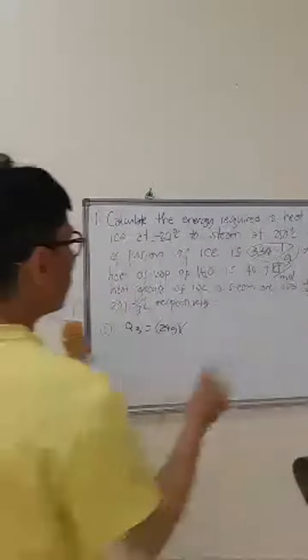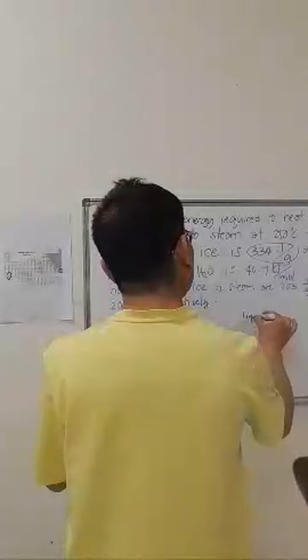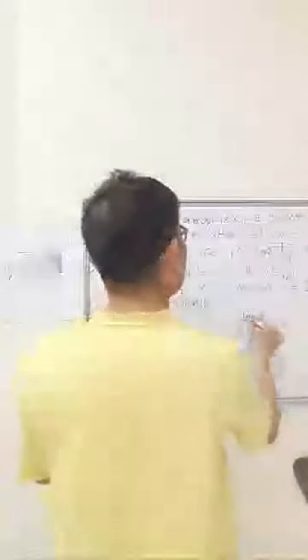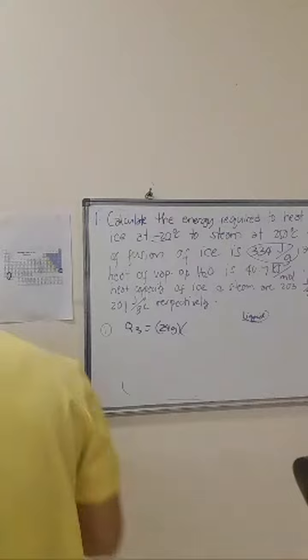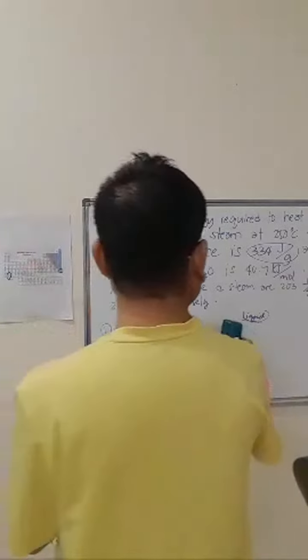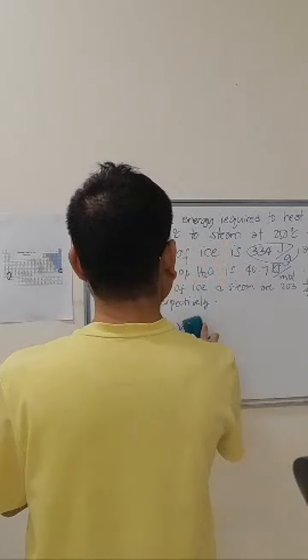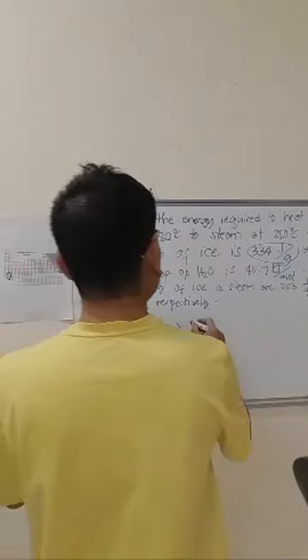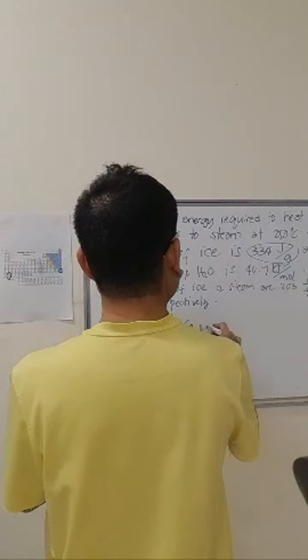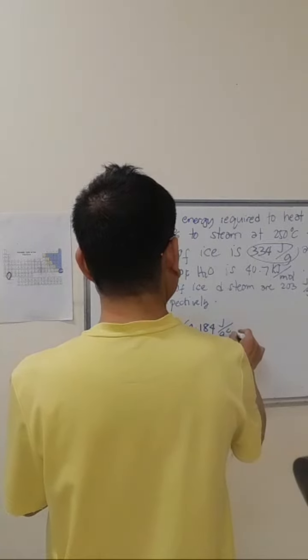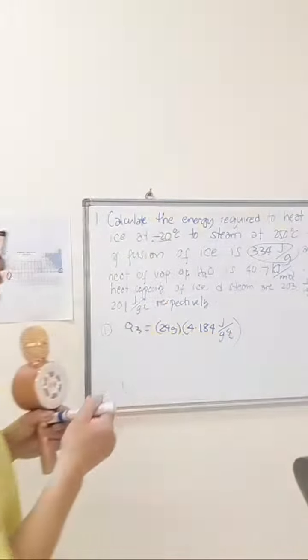Since it is already liquid, guys, when you heat that from negative 20 to 0, it becomes liquid, so the specific heat capacity used here is for water. You got the point? So 24 grams times 4.184 joules per gram degree Celsius for water, right?